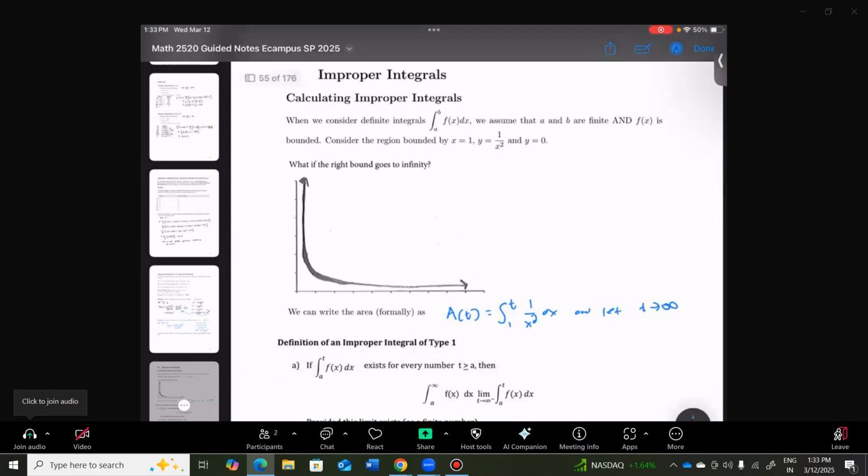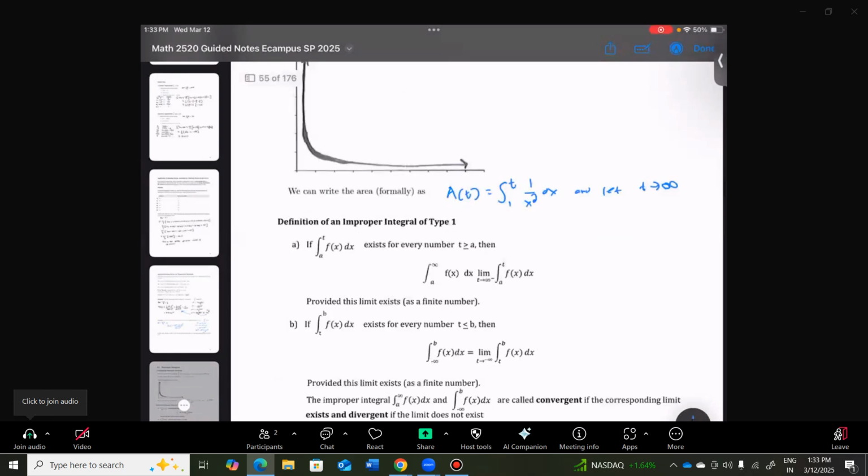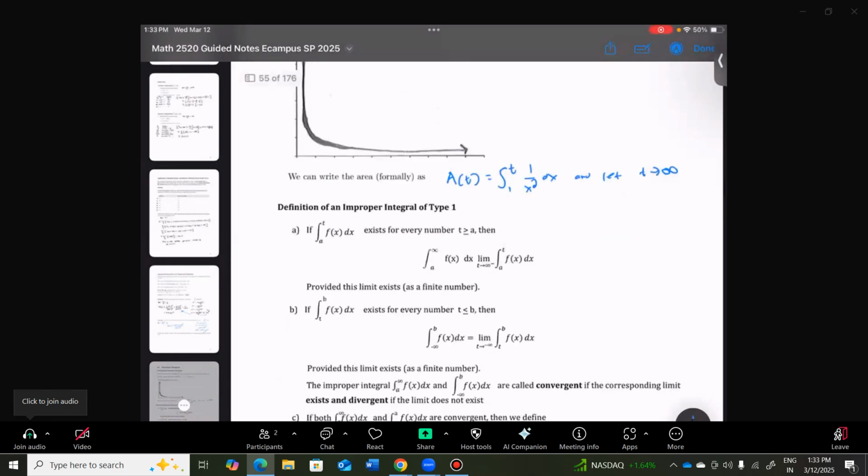If we have the integral from a to t of a function, and it exists for every number t greater than a, then the integral from a to infinity of f of x dx is the limit as t goes to infinity of the integral from a to t, provided this limit exists as a finite number.